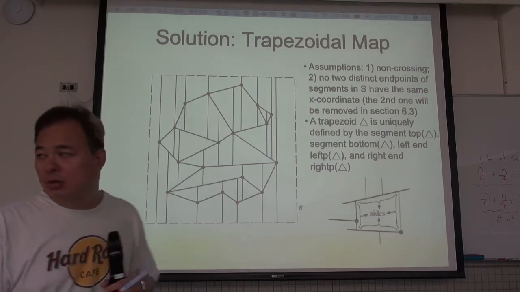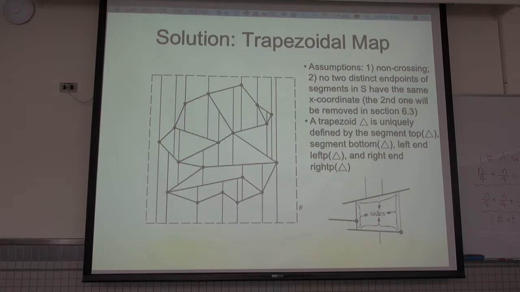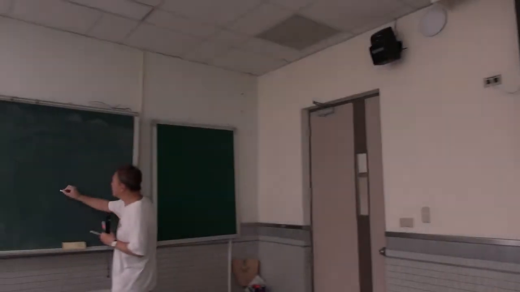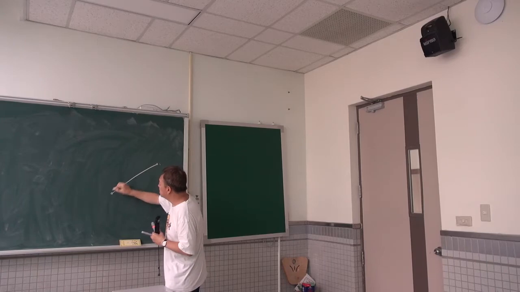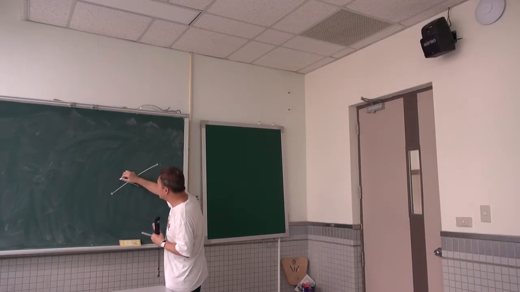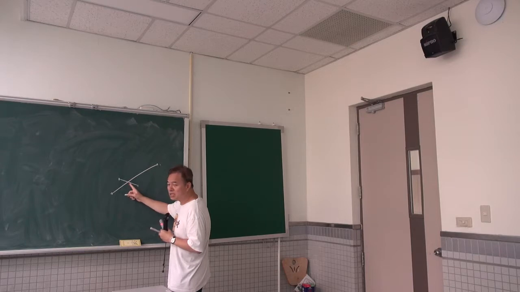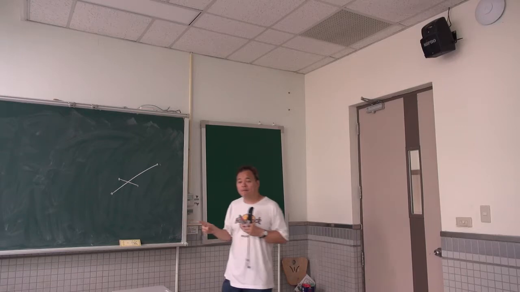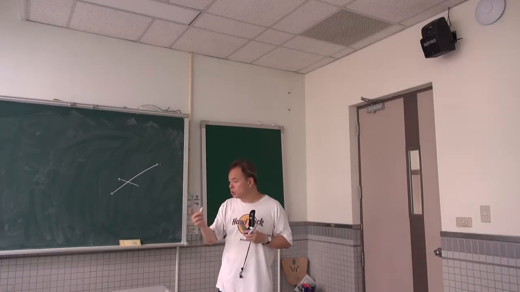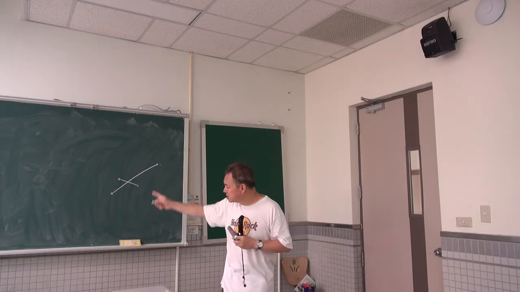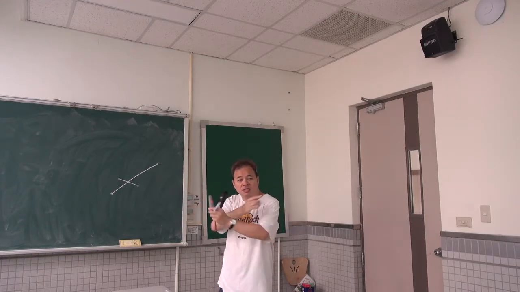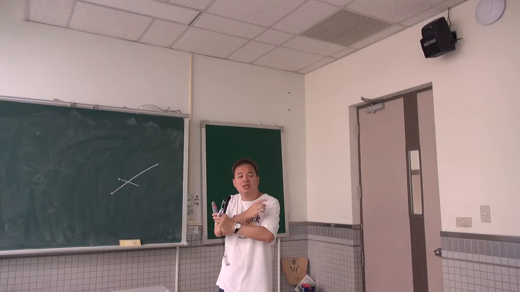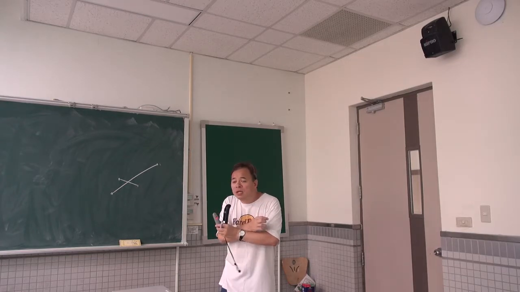For example, you don't have two line segments like this: this is one line segment, and you have another line segment like this, and this crossing point is not a vertex. We assume such segment crossing is not allowed. This is okay.